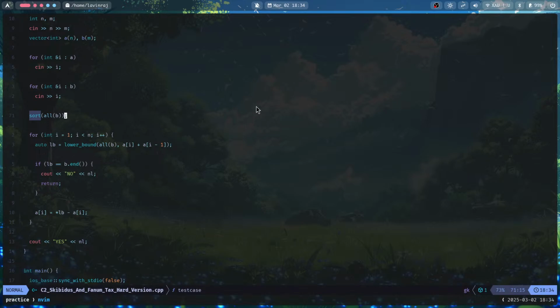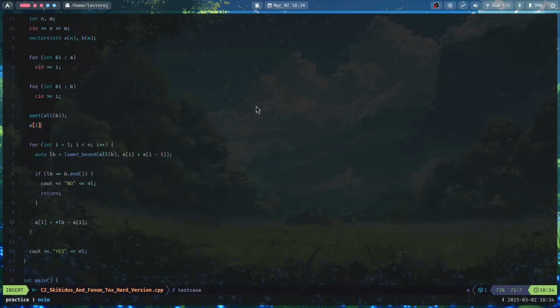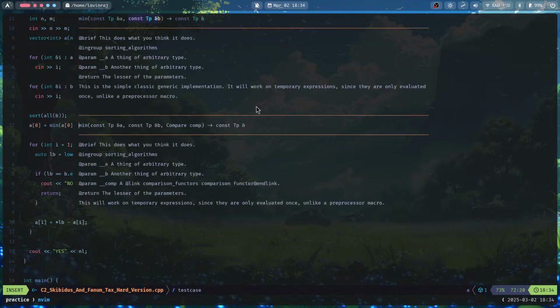So let's take the minimum element: a[0] equals b[0] minus a[0], or we can say min of a[i] and a[0].